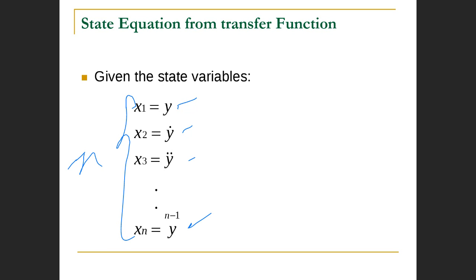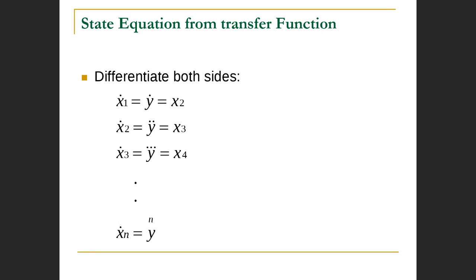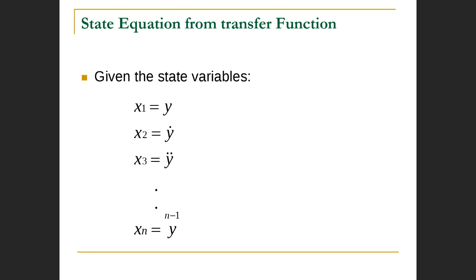Now, having done that, if we differentiate the state variables, we end up with an expression like this. I would go back to the previous slide and ask you to look at it. If we differentiate x1, what do we get? x1 dot is equal to y dot.